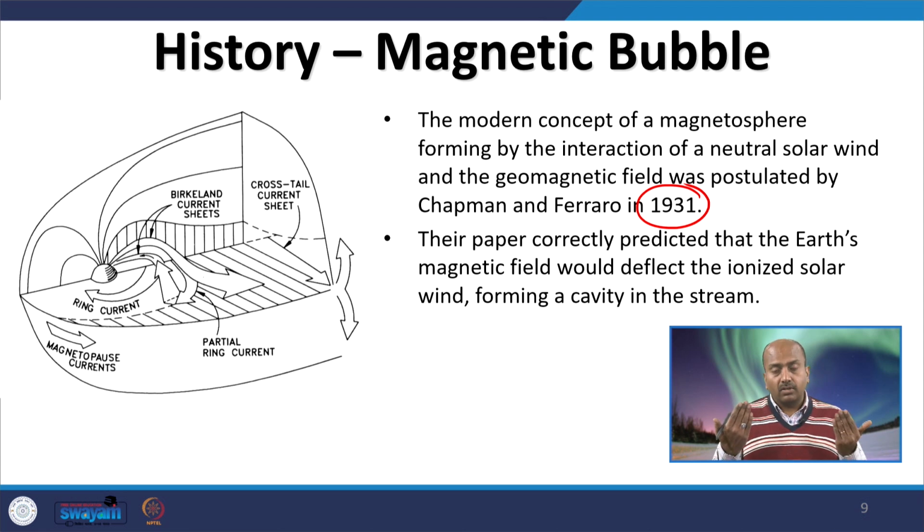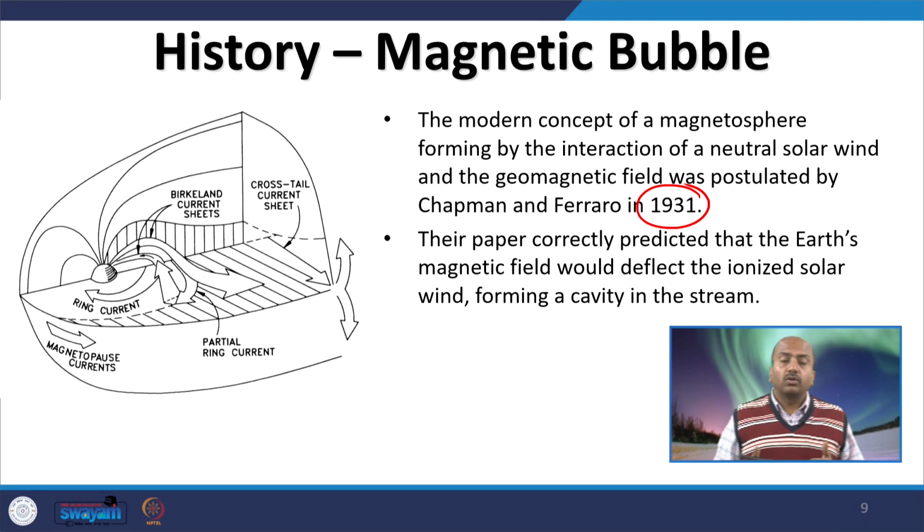When these two pressures, which are exactly opposite to each other, are brought together, then depending on which pressure is larger, the boundary of the magnetosphere is decided.